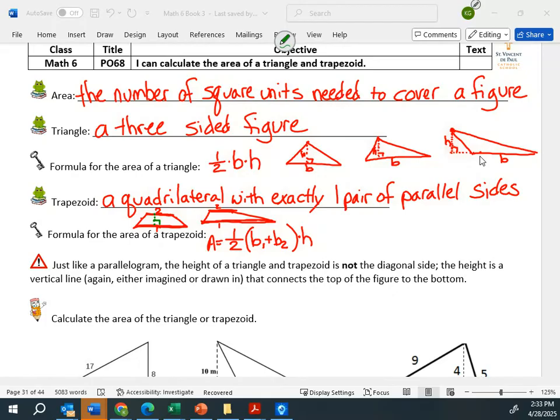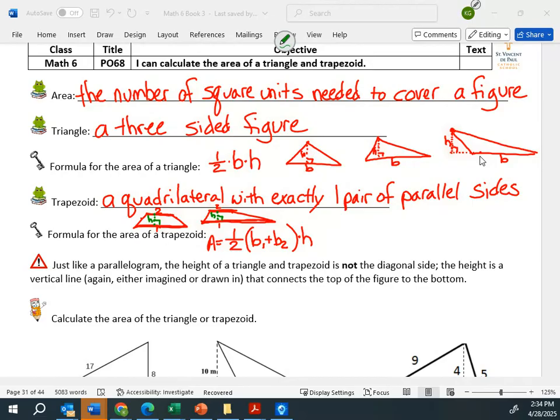So again, it's not a side length. It's the measurement going straight from base 1 up to base 2, making that right angle. So going directly up from base 1 to base 2, right angle, that is our height. So the height goes straight up and down. It is not a side. So for the trapezoid, when you go directly up, making that right angle, not the side length.